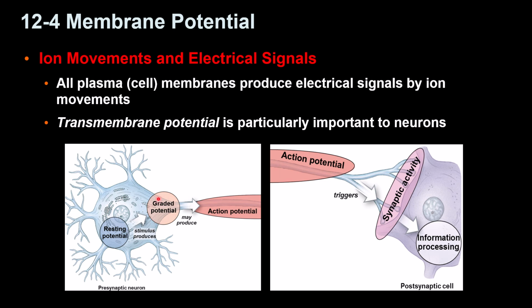The second one is called graded potential. In graded potential, a stimulus arrives in the area, so the membrane potential changes. The graded potential happens in the dendrites, in the cell body, in the axon hillock, and also in the postsynaptic membrane.